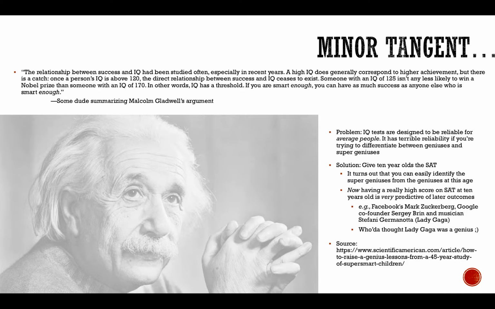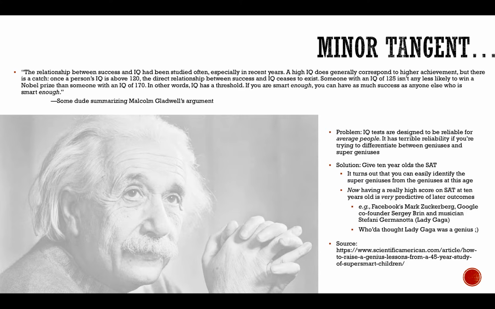Once a person's IQ is above 120, the direct relationship between success and IQ ceases to exist. Someone with an IQ of 125 isn't any less likely to win a Nobel Prize than someone with an IQ of 170. In other words, IQ has a threshold. If you're smart enough, you can have as much success as anyone else who is smart enough.